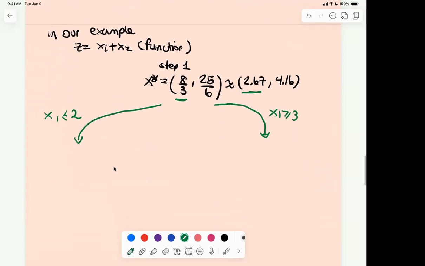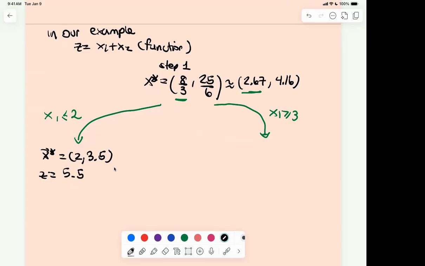And then if you do it this way, the candidate for the max that you happen to find here was 2 comma 3.5, and the value of the function here would have been 5.5.